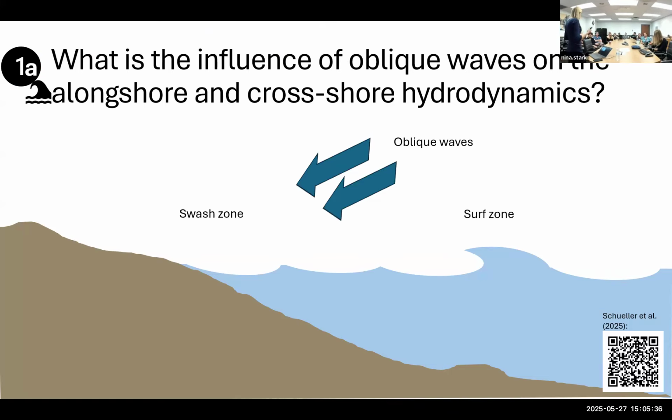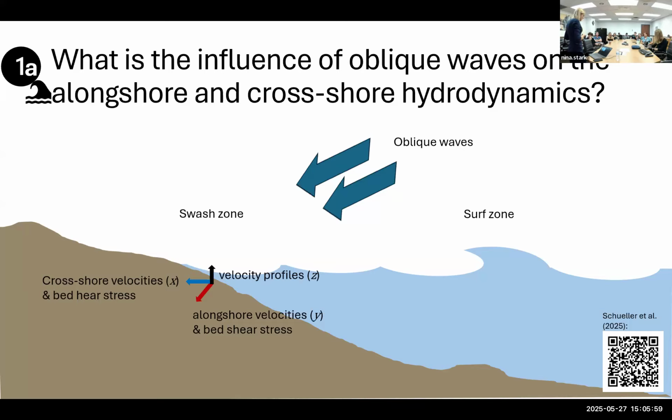In nature, waves often approach the beach at an angle, and we want to work with this realistic situation, so oblique waves. The question is, how do oblique waves influence alongshore and cross-shore conditions at the beach? To get at this, we looked at velocities in three dimensions.